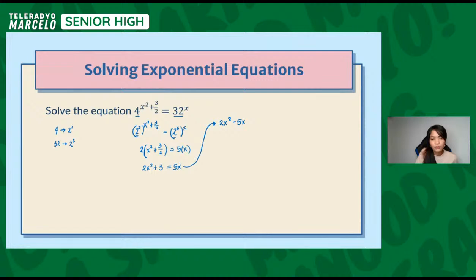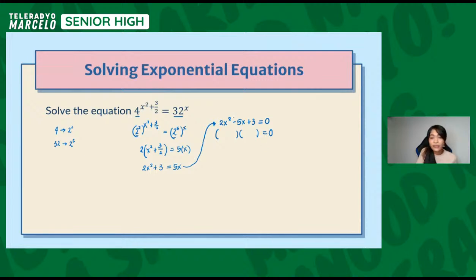We transpose 5x to the other side plus 3 so that we may equate it with 0. And from here, you're going to get the factors. So can you type in the factors on our comment section? What will be the factors of 2x squared minus 5x plus 3 equals 0?